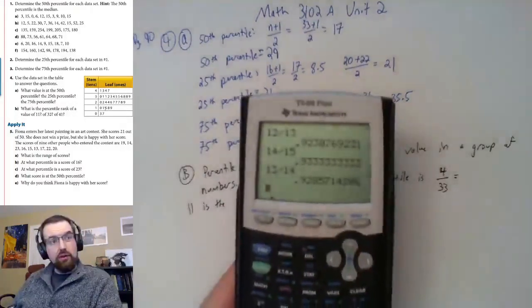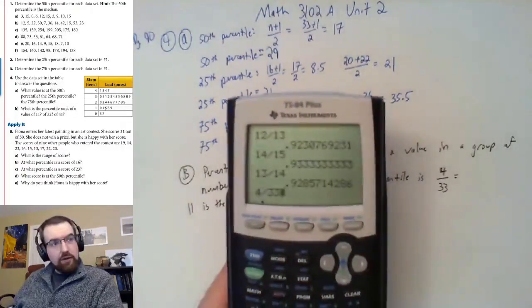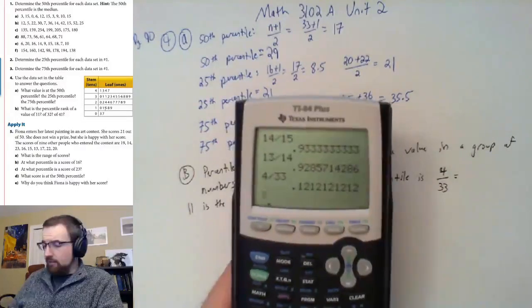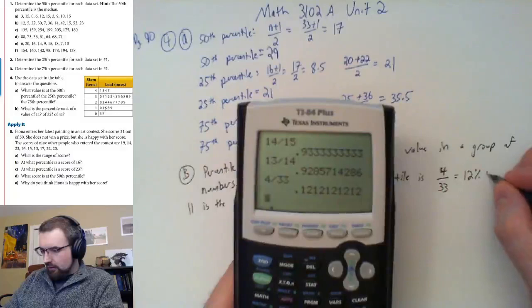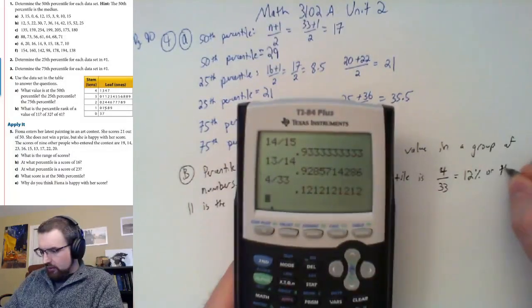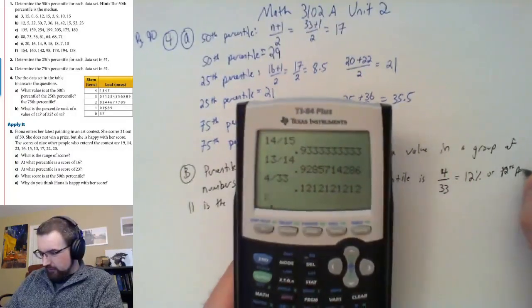So I break out my calculator, do 4 over 33, hit enter. That's going to be 12%, or we can call this the 12th percentile.